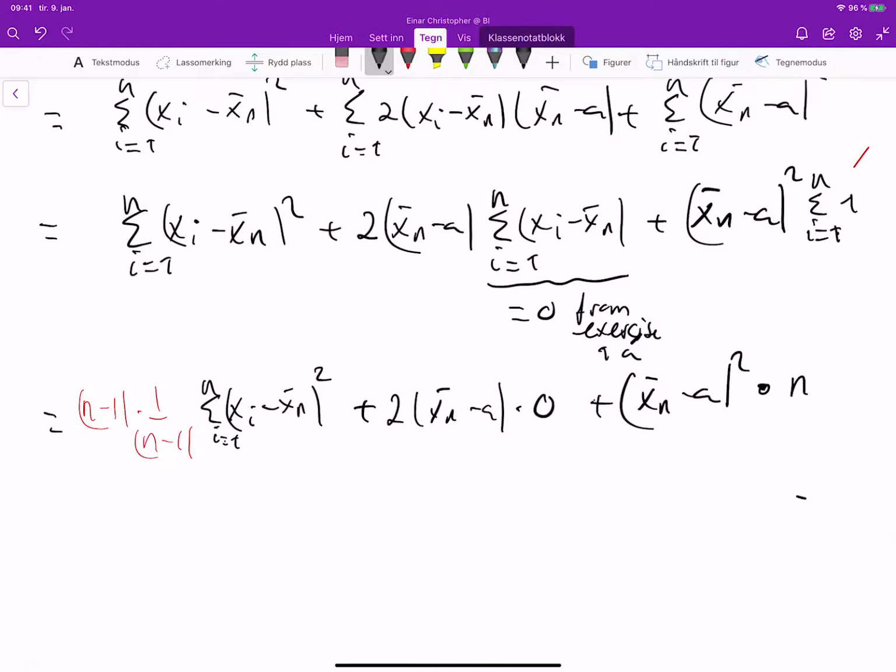1 plus 1 plus 1 plus 1 plus 1, n times, is n. This is then 1 plus 1 plus 1 plus dot dot dot plus 1, which is equal to n.